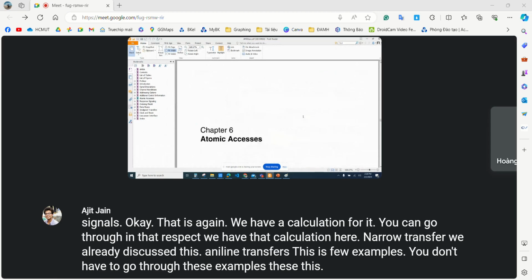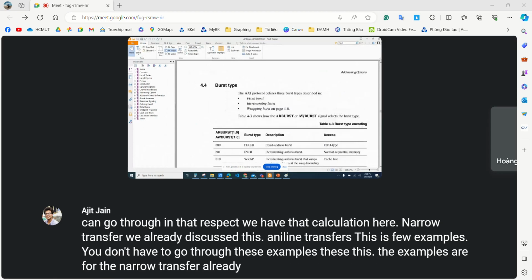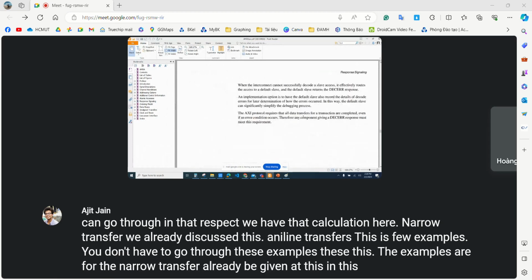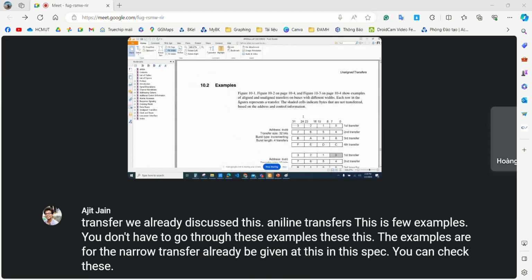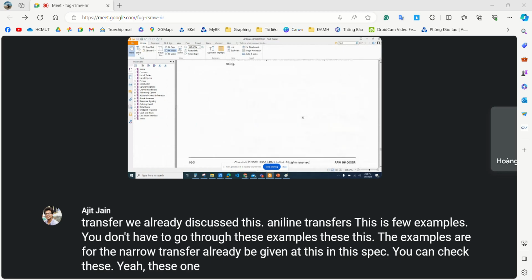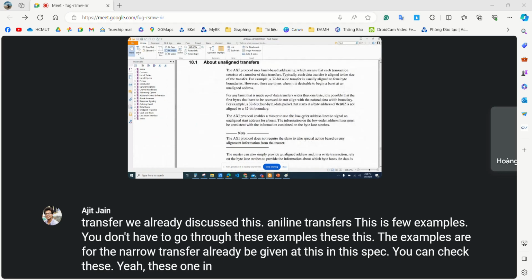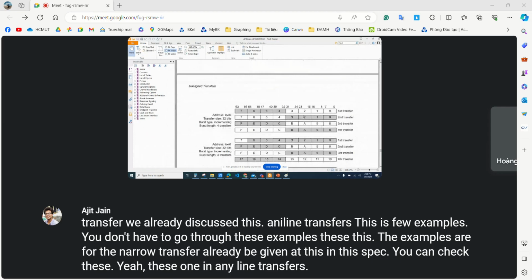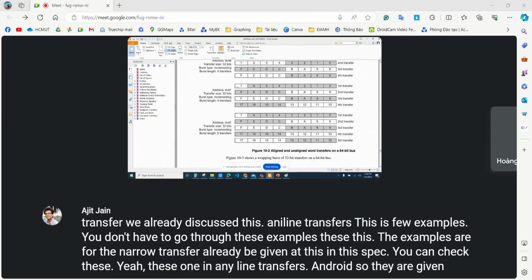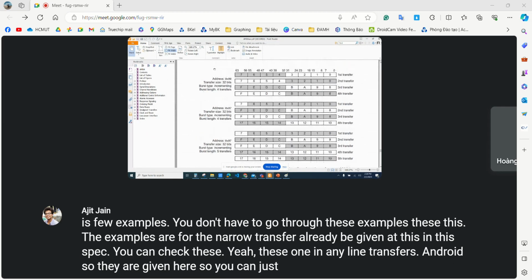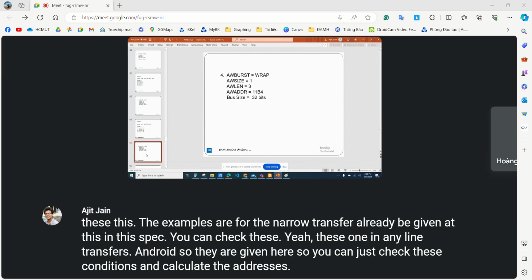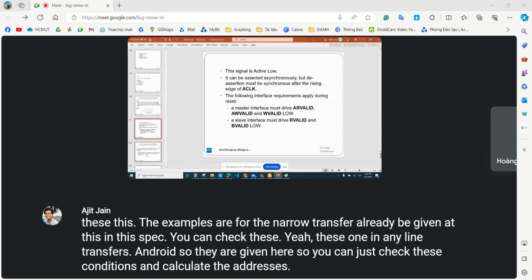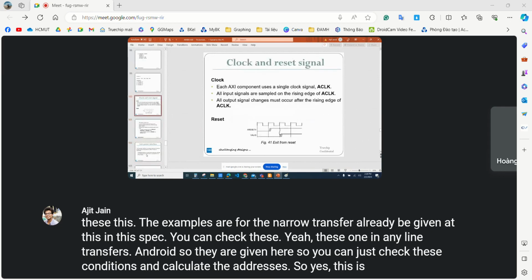The examples for narrow, unaligned and wrap transfers are already given in the spec, so you can check these conditions and calculate the addresses. This is not required for your understanding.